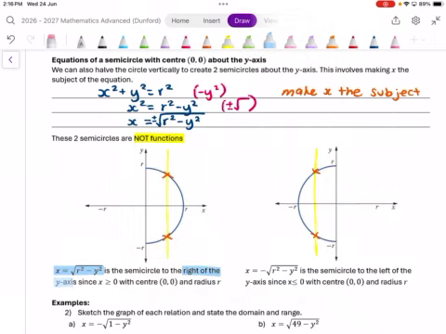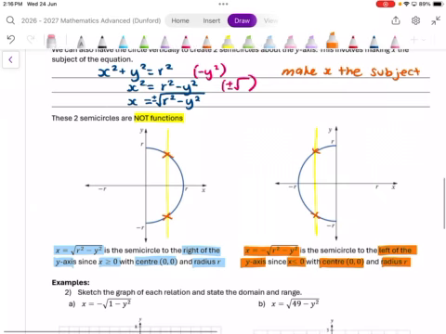Since x is greater than 0, we have our centre 0, 0, and our radius is our r value. And then our other one is x equals negative the square root of r squared minus y squared. It's a semicircle to the left of the y-axis. Since x is less than 0, our centre is 0, 0, and our radius is r.